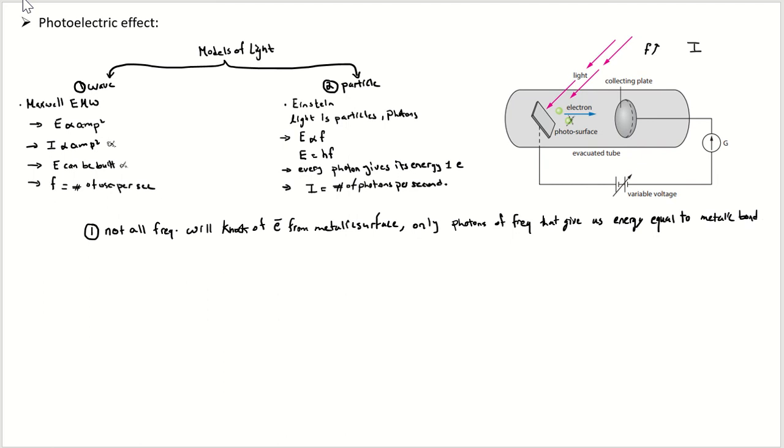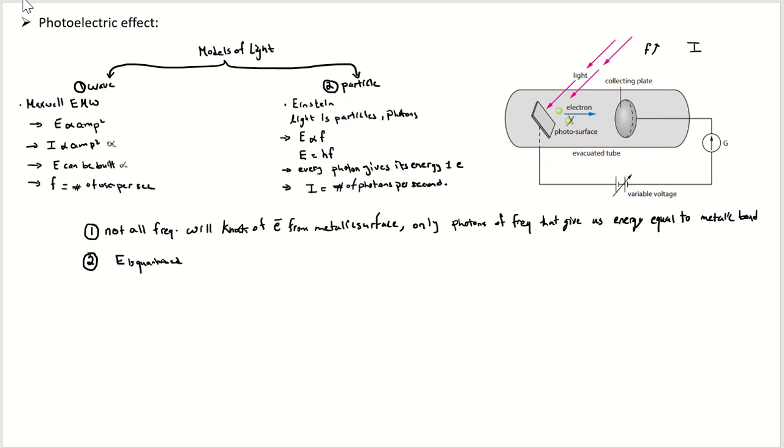The second thing that we conclude from this experiment is that time has no factor. So the energy is quantized. E is quantized. It's not continuous. And the photon will give its energy to only one electron.